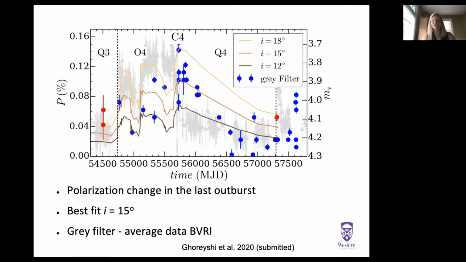I never showed any polarization, and because it's such a great diagnostic, I wanted to show this. This is the same star as the previous slide for the fourth cycle, where Mohammed is showing the percent polarization change in the last outburst. And he used that to actually pin down the inclination of the system.